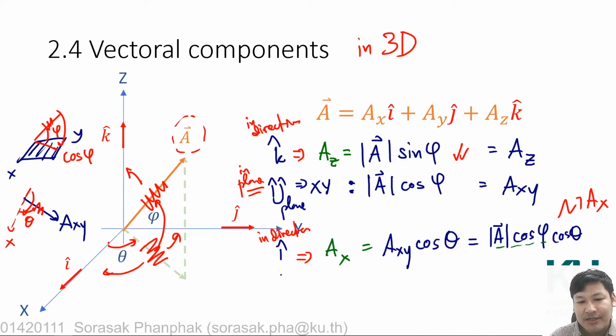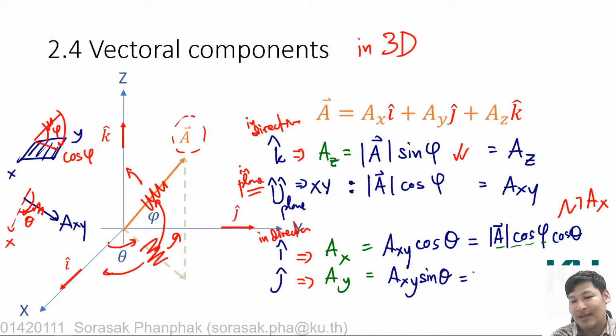And how about in the J direction, which is your AY? AY is equal to, you have AXY as well, and now you break to the other side of this theta, so you got sine theta. So this is now equal to A cos psi sine theta.